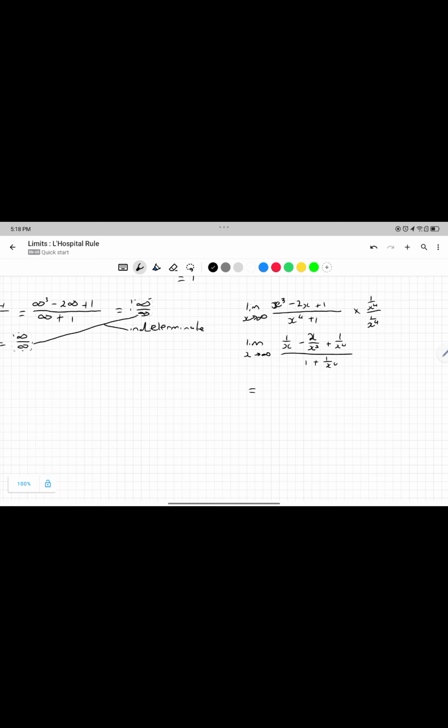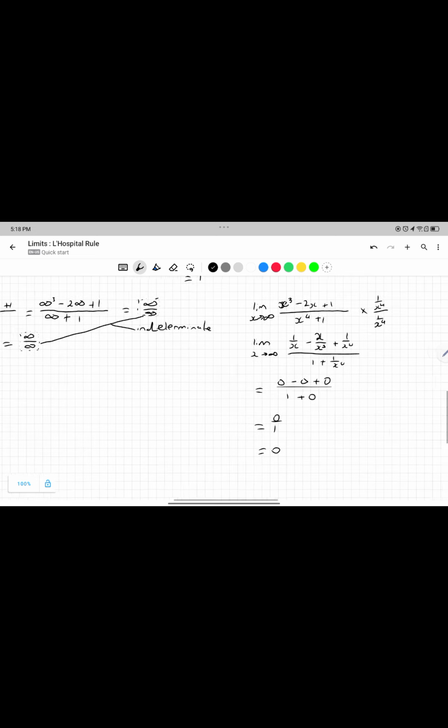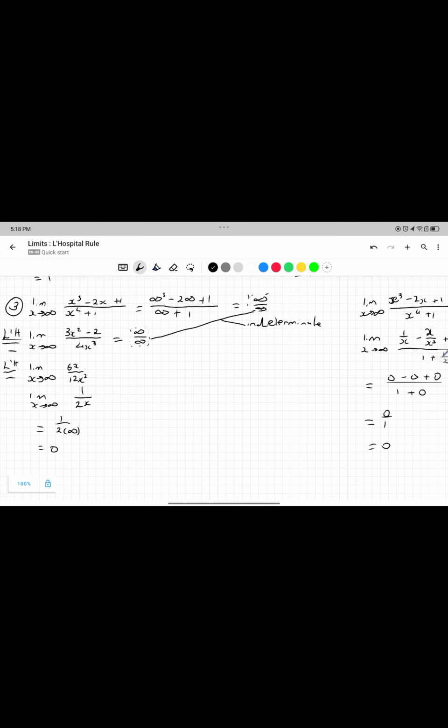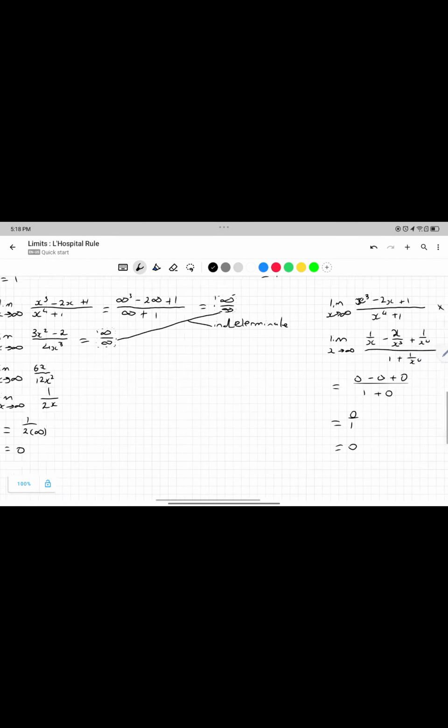If you evaluate the limit, you get 0 minus 0 plus 0 all over 1 plus 0, which gives 0 over 1, which is equal to 0. Easy. Same answer.